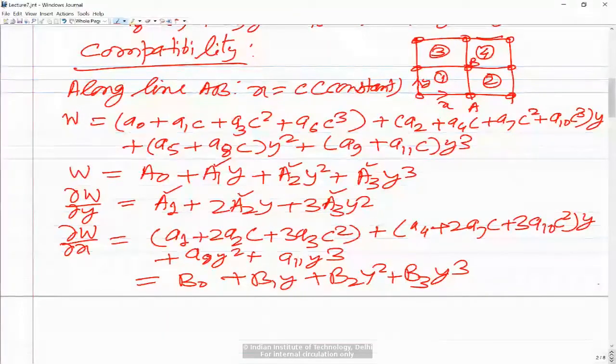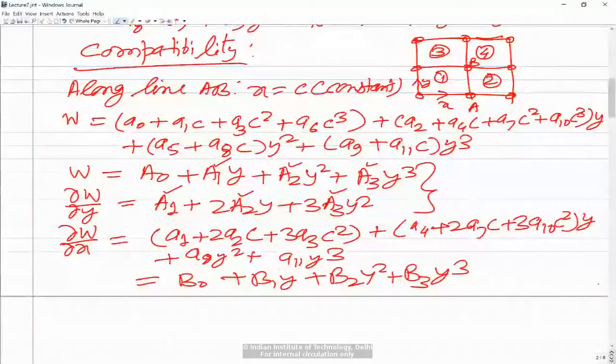Now w is a cubic polynomial and del w by del y is a quadratic polynomial, and they are involving four constants a0, a1, a2, a3. So at A we have common values of w and del w by del y, and also at B we have common values of w and del w by del y.